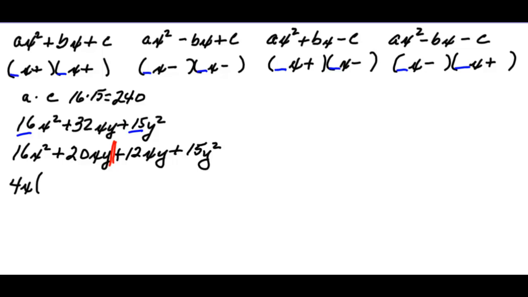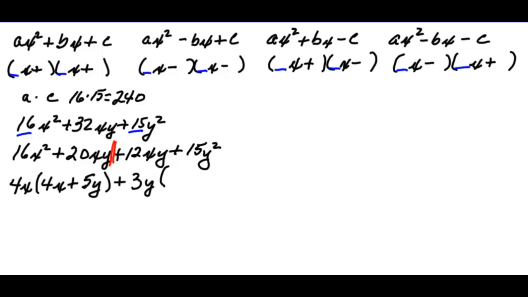And what do I have left? 4x plus 5y. Now in the second one, what can I factor out? Well, I can factor out a y, and the number 3 divides evenly into both 12 and 15. So I'm going to factor out the 3 and the y.